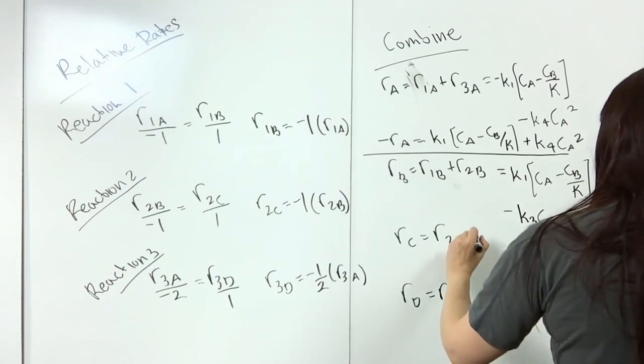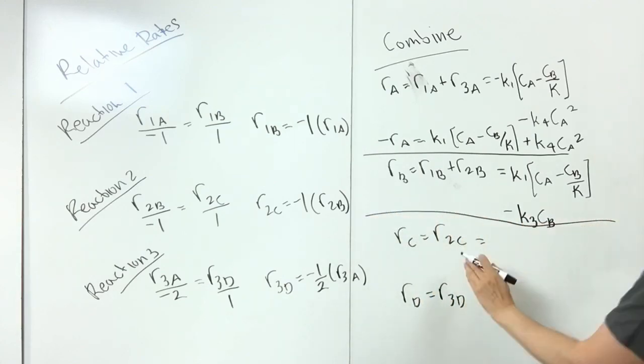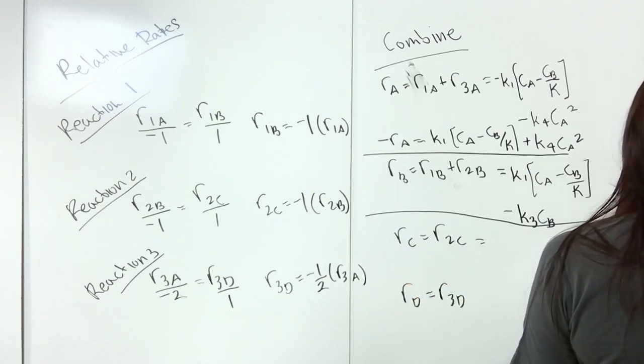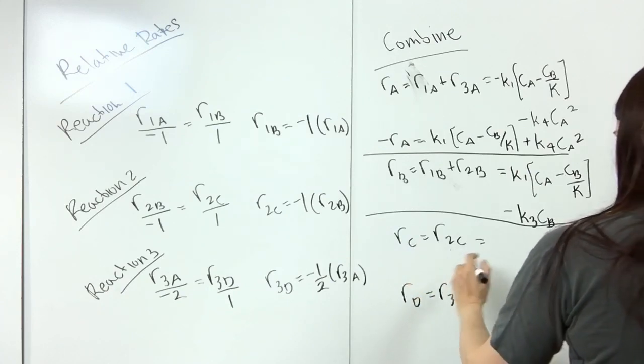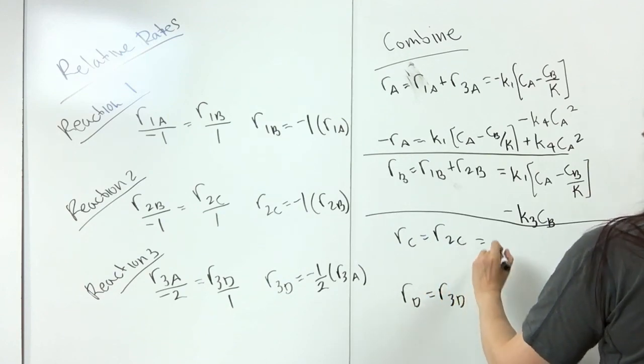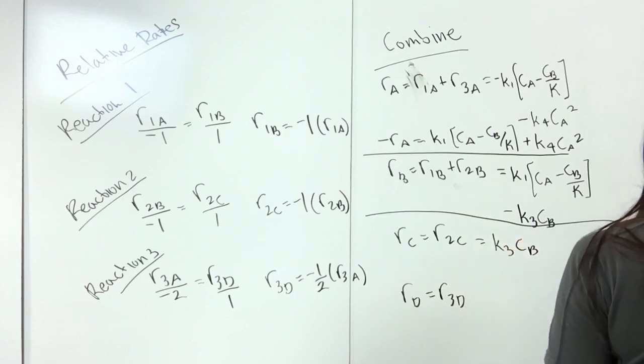So for RC, we have R2C, which was minus 1 times R2B. R2B was minus K3 CB, so this should be K3 CB.